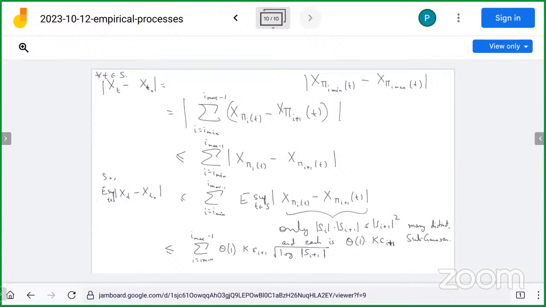And now we are done. Like finished. After this it is just estimating the sum with the integral.